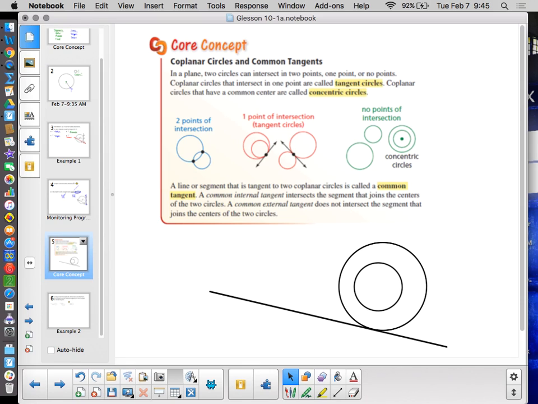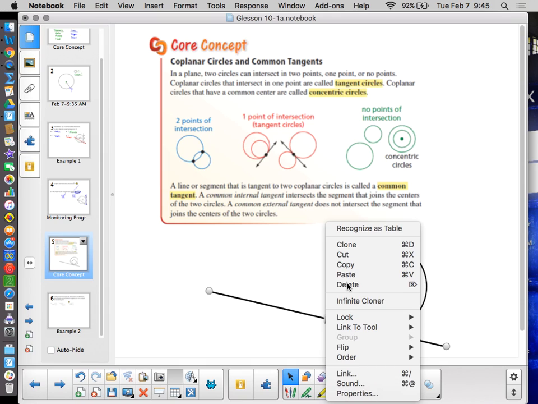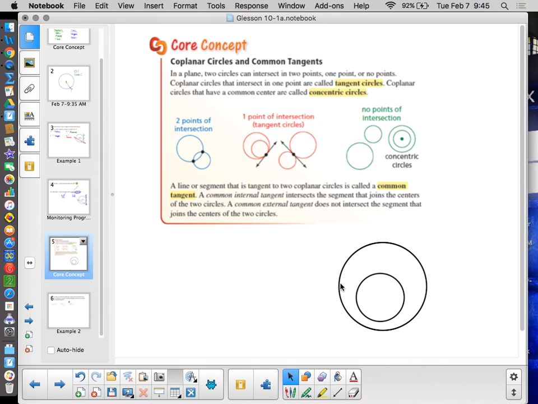In fact, I'm going to move it so it's internally tangent here, just for fun. Actually, let's be smart. Let's move it internally tangent there. Now we just have 1 common tangent line at the point of tangency. And when one circle is completely inside the other and they don't intersect at all, now we have no common tangents.